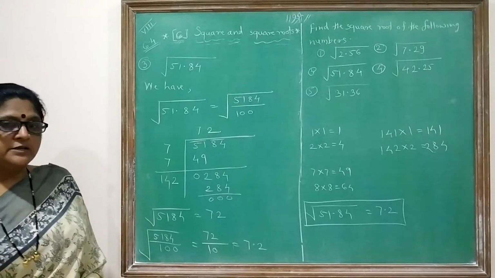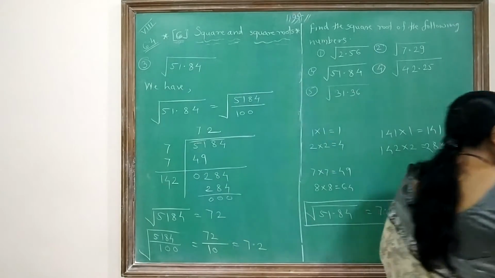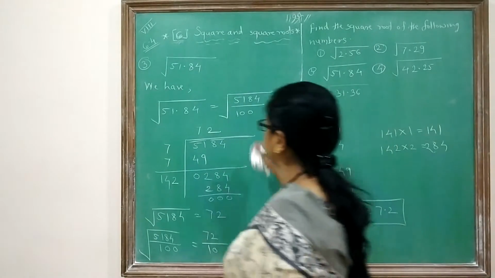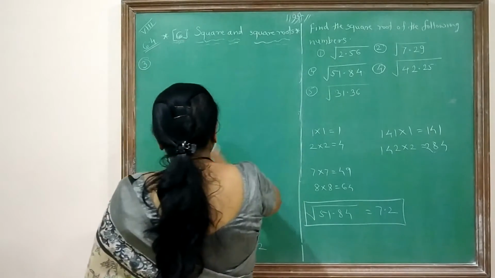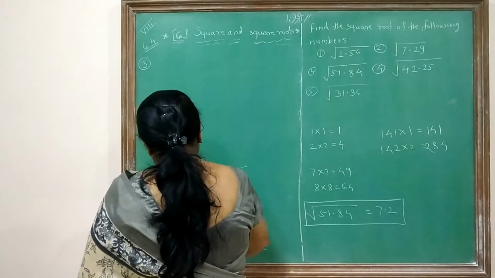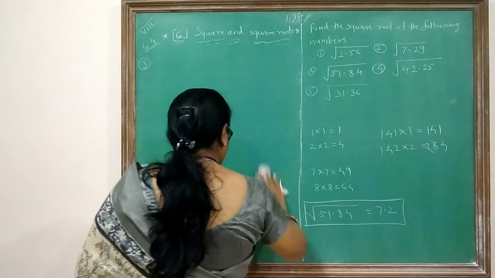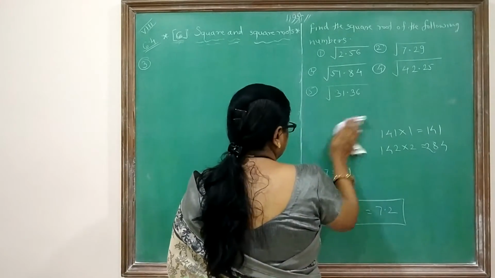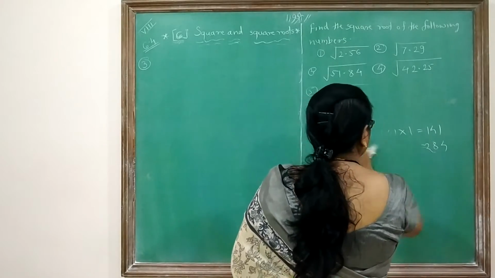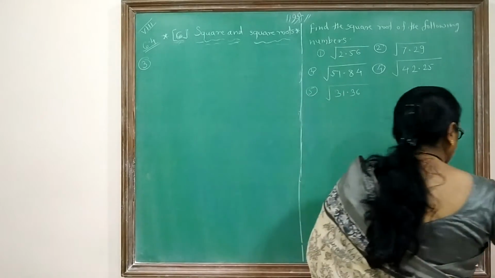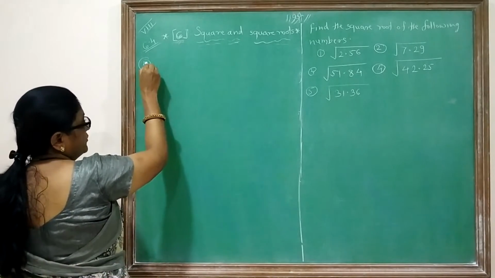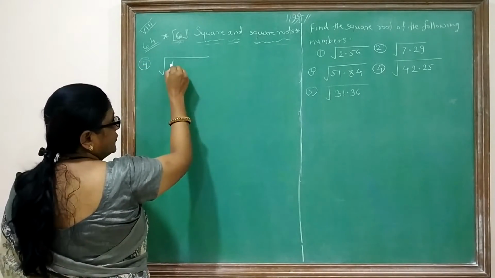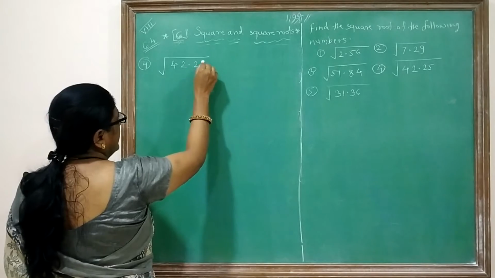Then again you will see the next example. Next example is 4, that is square root of 42.25.